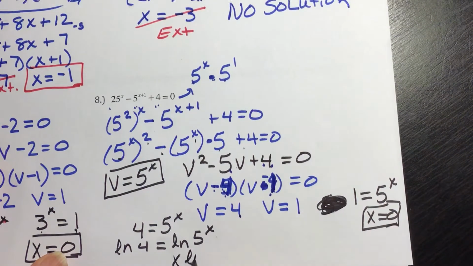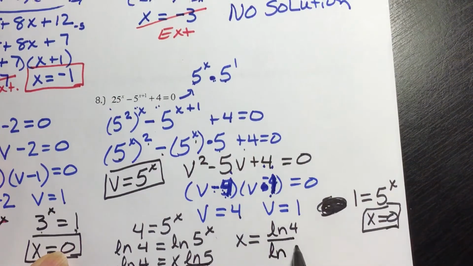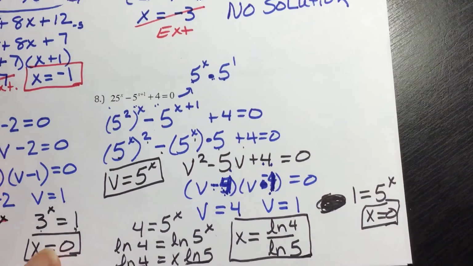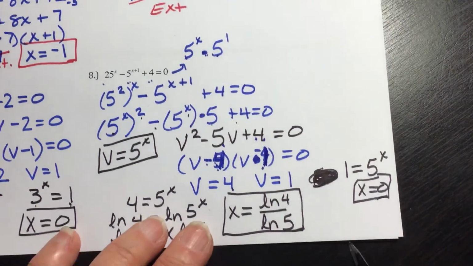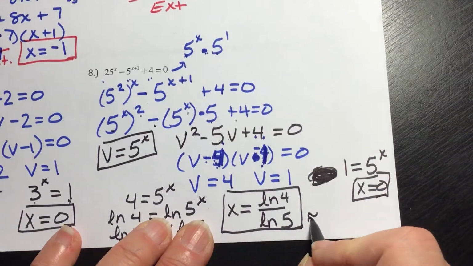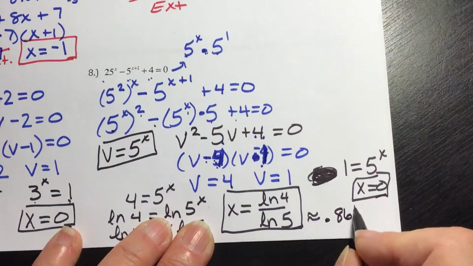X ln 5 equals ln 4. So x is going to equal, if I divide both sides by ln 5, the natural log of 4 divided by the natural log of 5. And that is another solution. If you're playing around with your calculator and you want a value for that, it's approximately equal to 0.861.